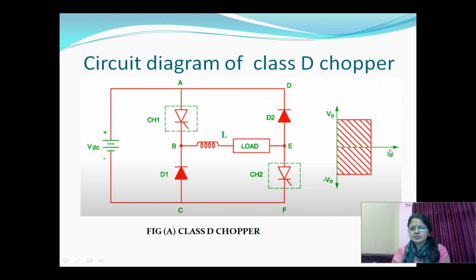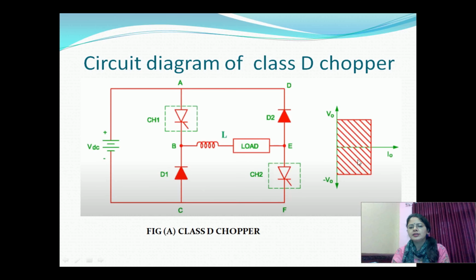This x-axis shows the output current and this y-axis shows the output voltage. Here we can see that output current is positive and output voltage is positive. So in the first mode of operation, we get output current positive and output voltage positive, and in the second mode of operation, we get output current positive but output voltage negative.